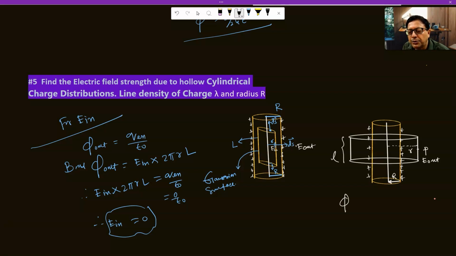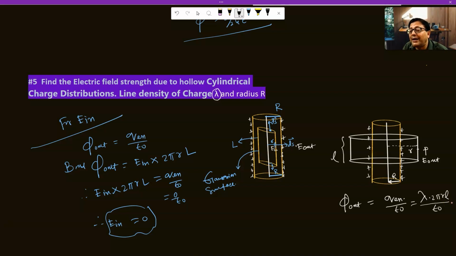So phi out will be, by Gauss law, Q enclosed by epsilon 0. Line density of charge you are taking lambda. Line density means along the length of the cylinder how much charge is there. So Q enclosed will be lambda into this surface area, that is 2 pi RL, divided by epsilon 0. This is by Gauss law.